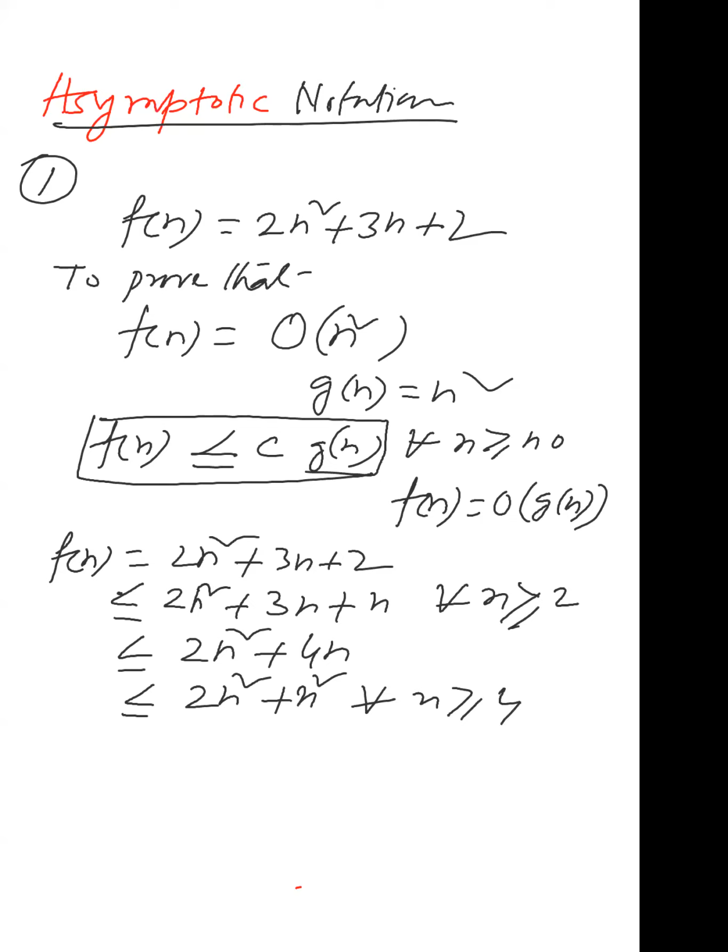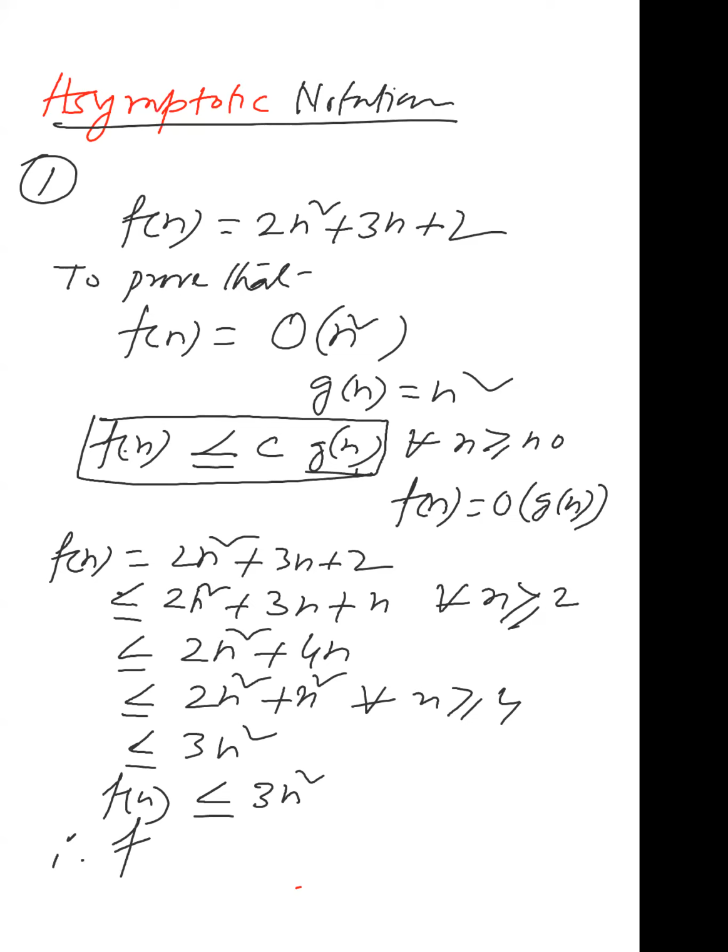Now this is less or equal to simply 2n square plus n square, it is 3n square. So finally we get fn is less or equal to 3n square. And when we write this, it is in the form of fn is less or equal to c g n.